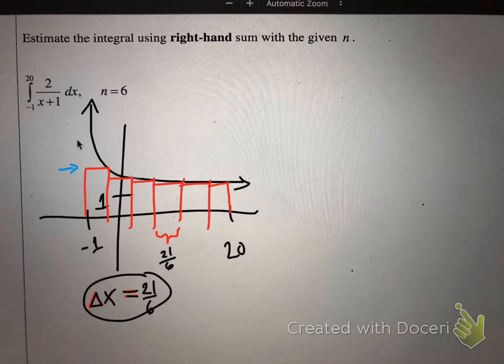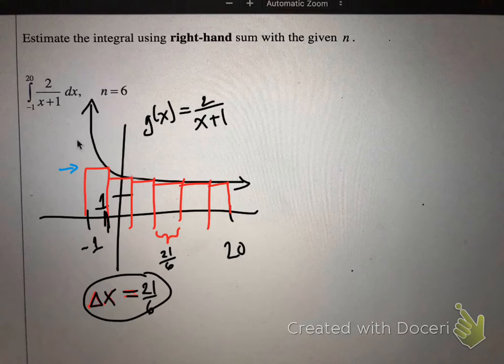In order to figure this out, you have to keep in mind that we have this function. Let's say it doesn't have a function name, so let's just say g of x, and we already know that that is 2 over x plus 1. So in order to find my y, this part in blue, we have to plug in not -1, but the one to the right side of -1, which is this part right here.